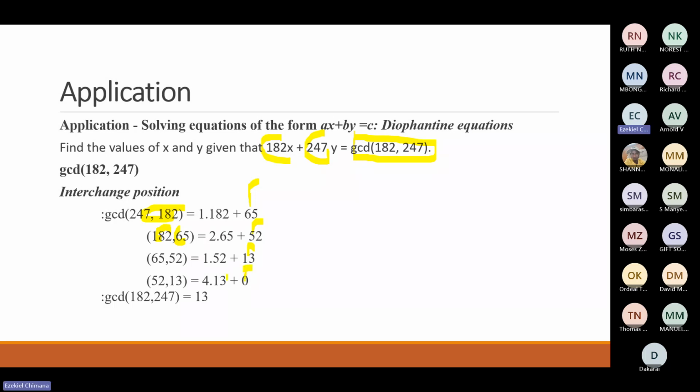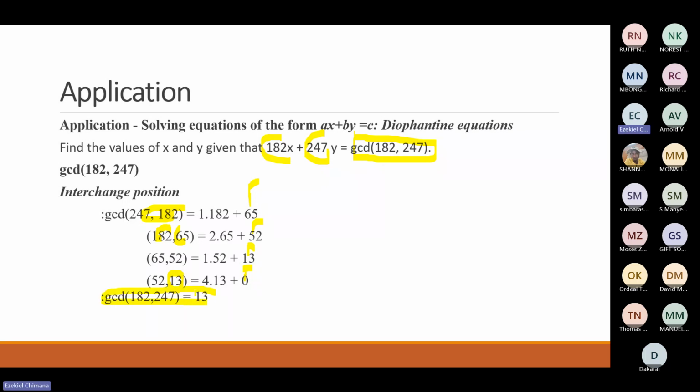Whenever you get a remainder of 0, report your b as the greatest common divisor, or just take the last nonzero remainder that you have. So the GCD of this one is 13.